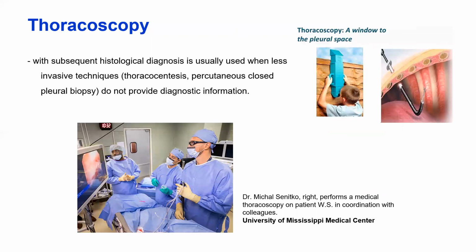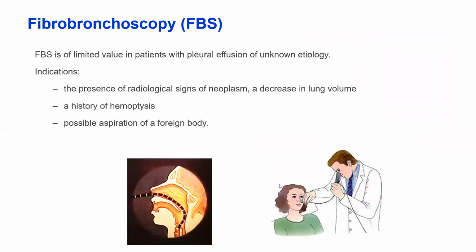The next method of investigation is thoracoscopy. With subsequent histological diagnosis, it is usually used when less invasive techniques, thoracentesis and percutaneous closed pleural biopsy, do not provide diagnostic information. The next method of investigation is fibrobronchoscopy.